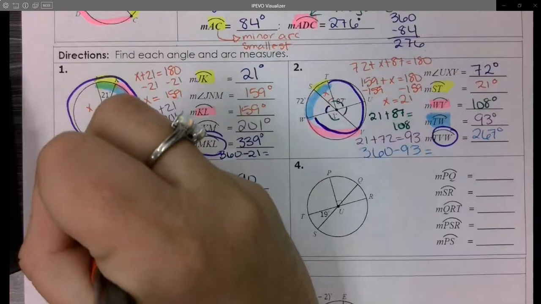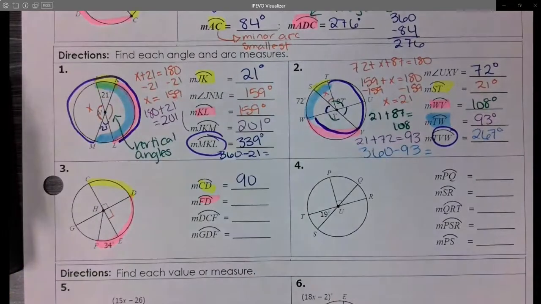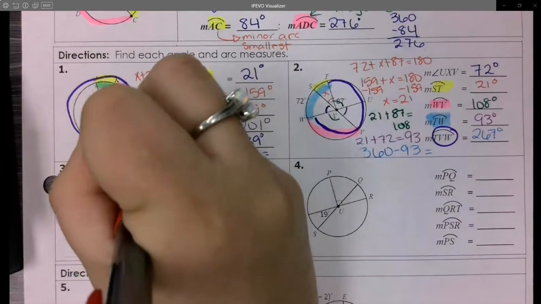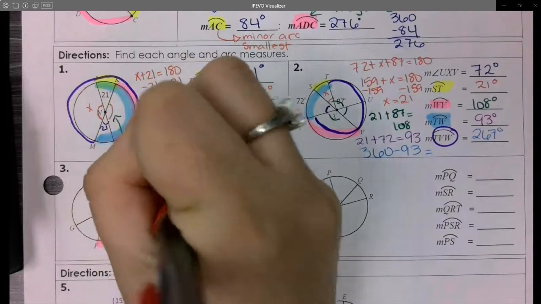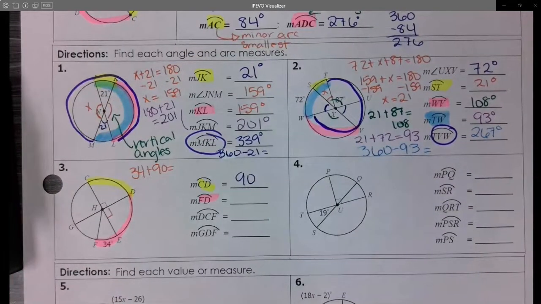So this one is also going to be 90 because it made a straight line. So I can do 34 plus 90. Okay, so 34 plus 90 is 124.